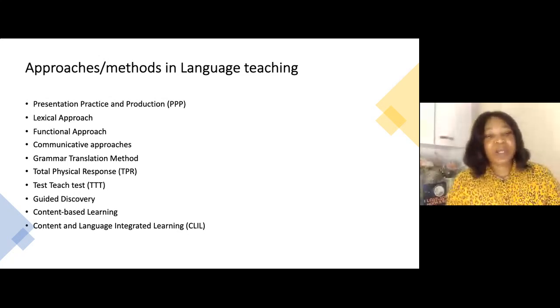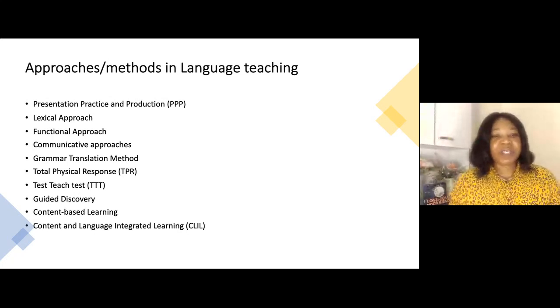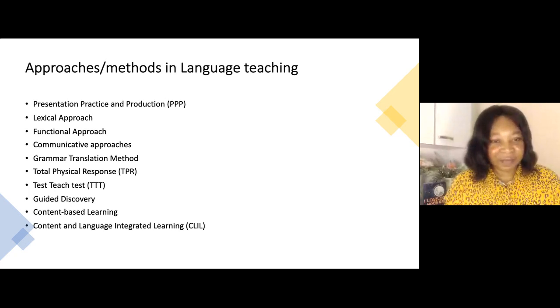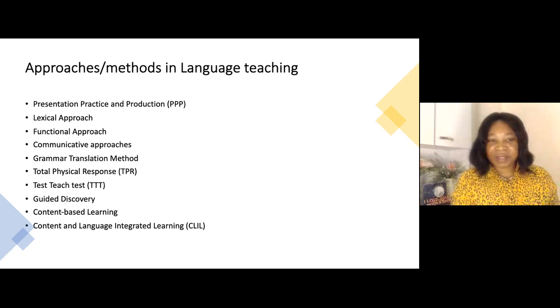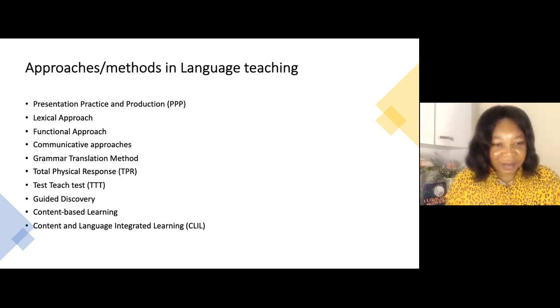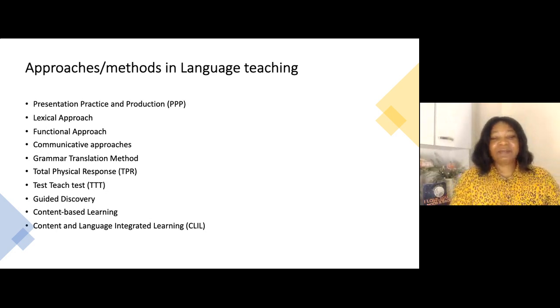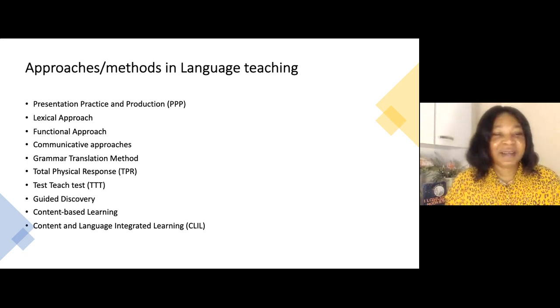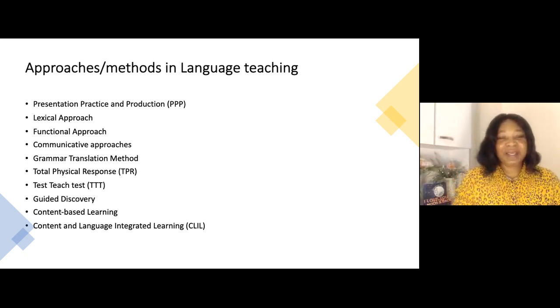So we're also looking at approaches or methods in English language teaching today. We've talked about the introductory activities, but what about the techniques for teaching English? And there are here about 10 different techniques that you could learn. We have PPP, presentation, practice, and production.